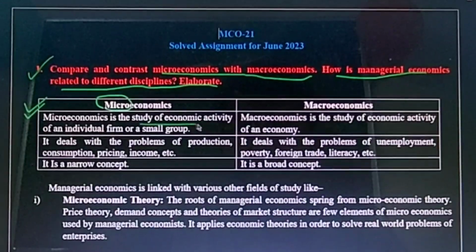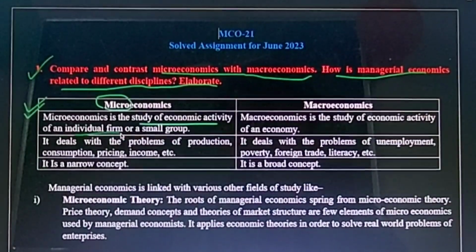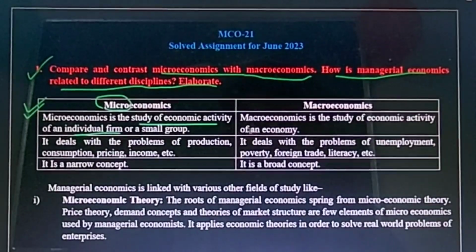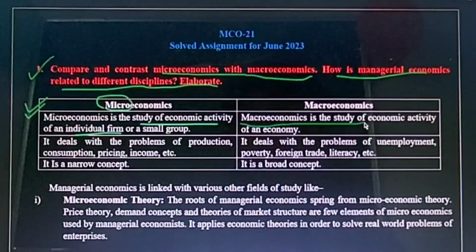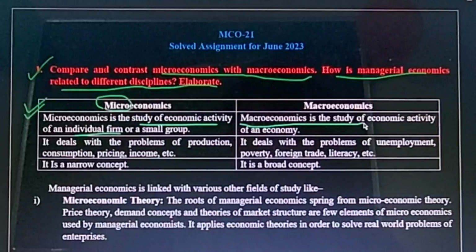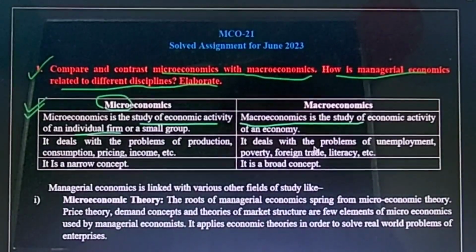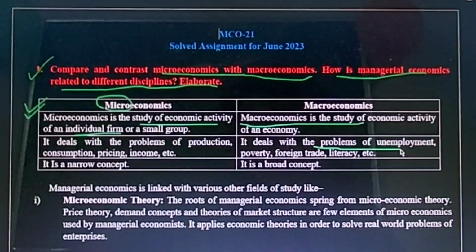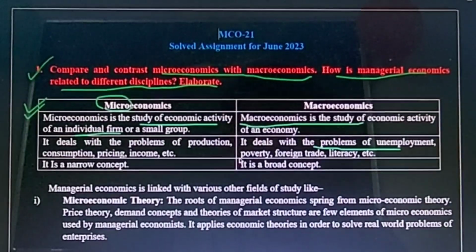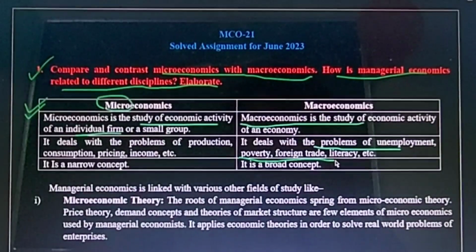It studies the economic activity of one individual or a single firm or a single group, whereas macroeconomics studies the whole economic condition of a country. Macroeconomics deals with big problems, most probably the problems related to the nation, like poverty, unemployment, foreign trade.